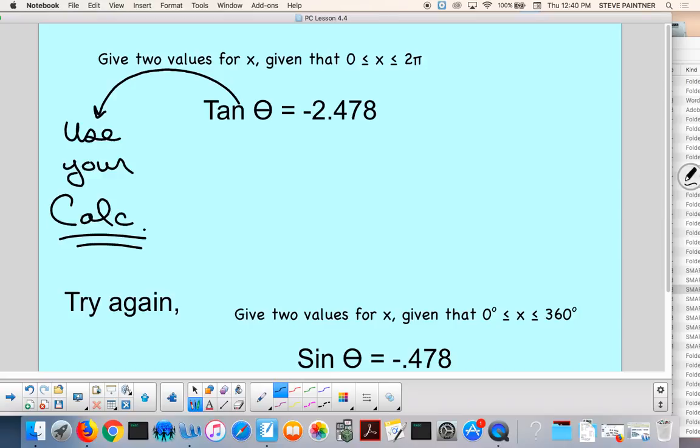I'm going to let you try it for a minute at least. Give me the answer in radians.